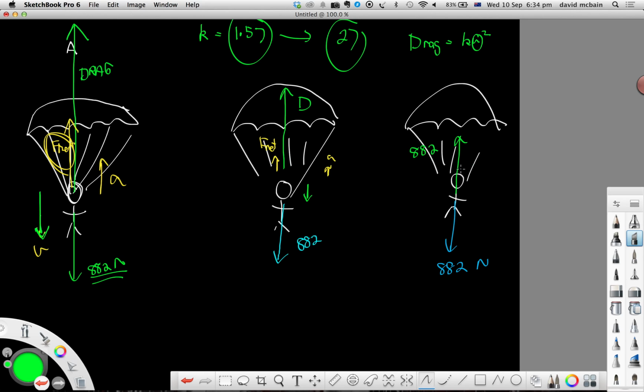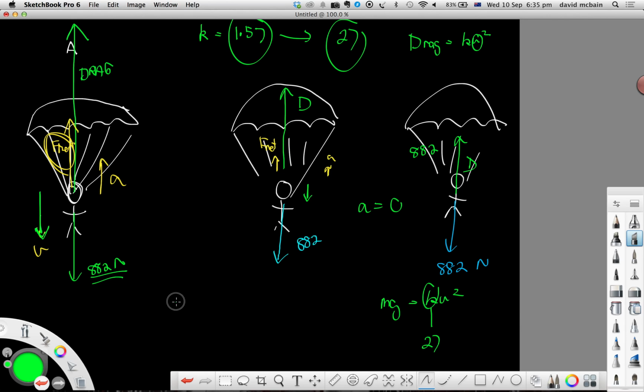The two forces cancel each other out, therefore acceleration equals 0, and the new terminal velocity will be when mg equals kv squared again, but now k equals 27. So you could recalculate the value for the new terminal velocity.